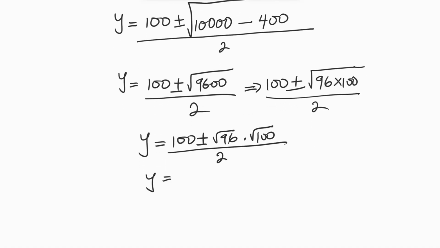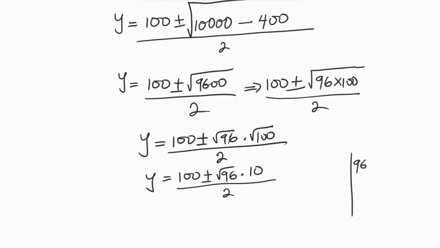And we know that the square root of 100 is 10, because 10 times 10 is 100. Or 10 raised to the power 2 times 1 over 2, that still gives us 10. So now we're left with 96.